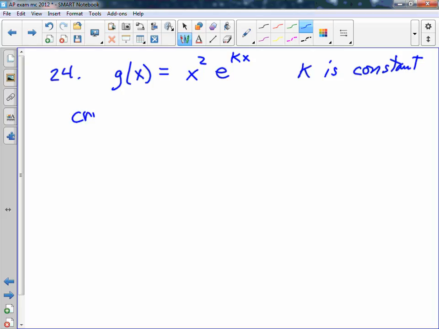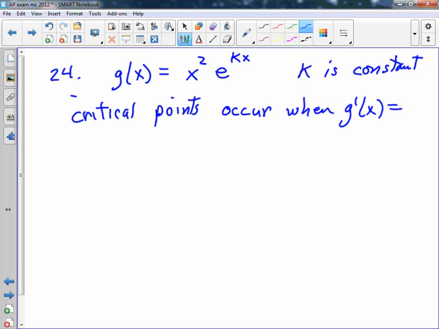Critical point. Critical points occur when g prime of x equals 0, or, and this is more rare, but, or where, what's the other possibility?